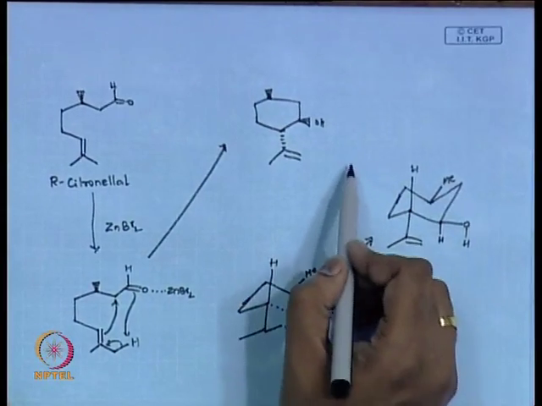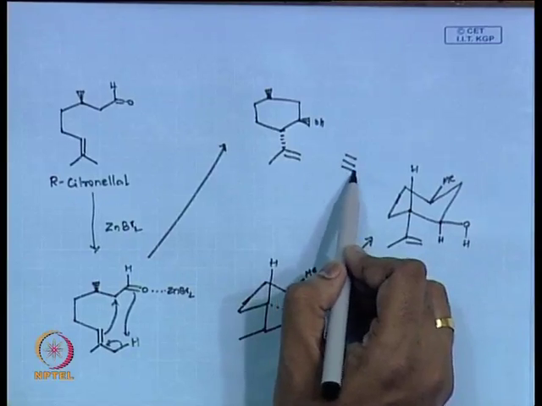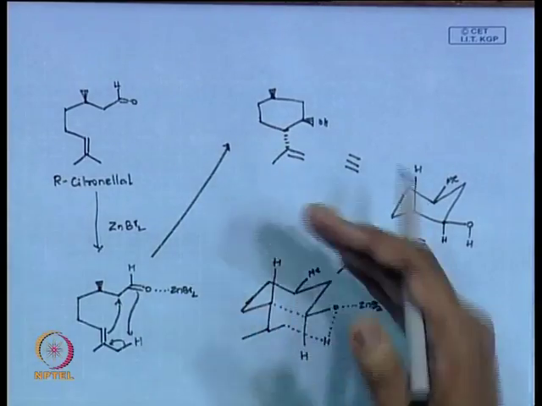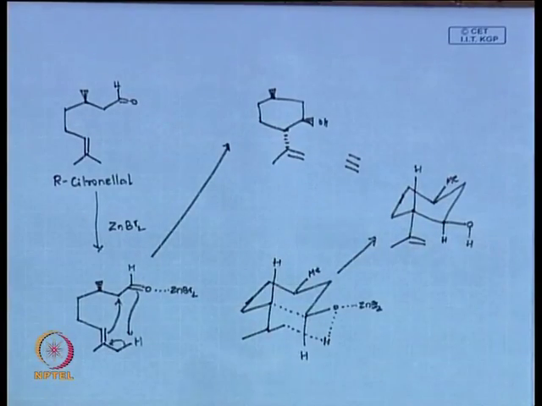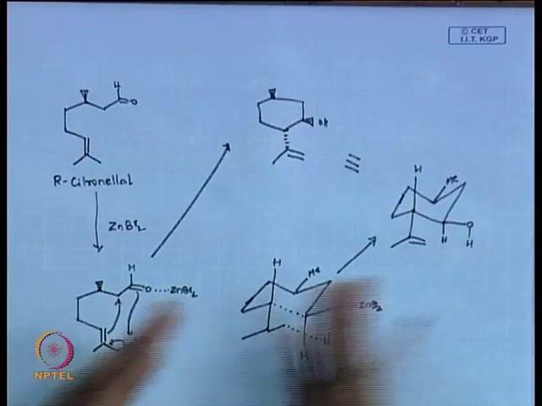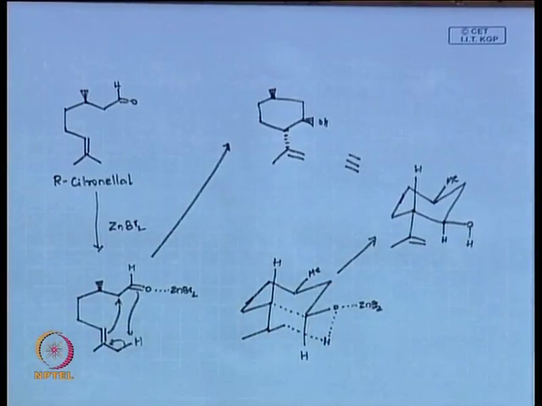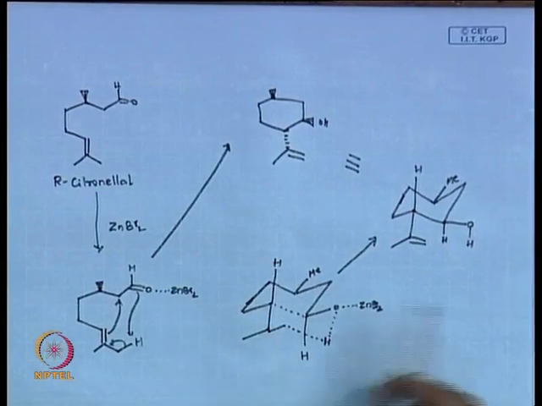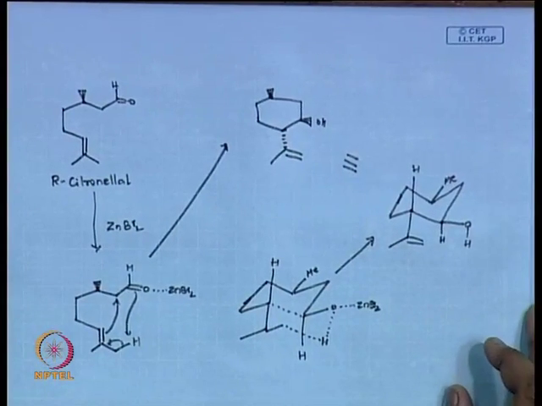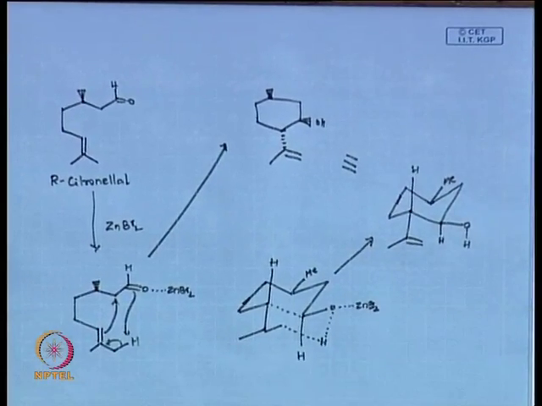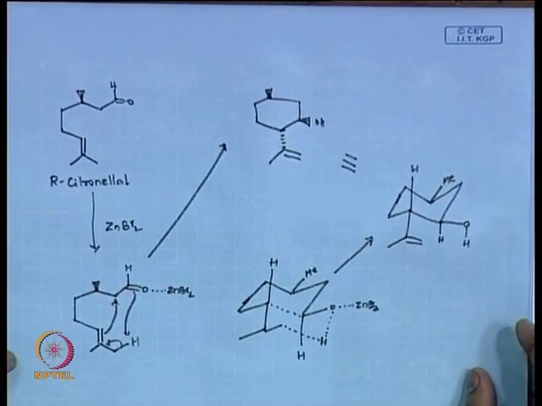See, this is more or less similar to this structure. That is why you get one type of product here, isopulegol. You take R-citronellal, you get isopulegol, and then you reduce it, you get your menthol. This is the best way of looking into this. Fine, any doubt with this? All right.